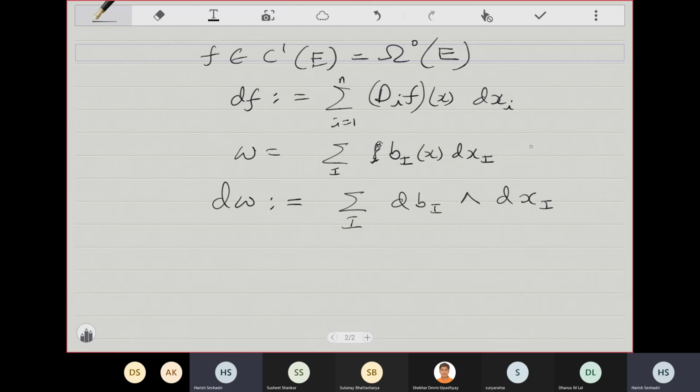These bi's are of course C1 functions on E. So I use the definition of d of a function, and I put it here. That's how I get this. And well, that's a definition.